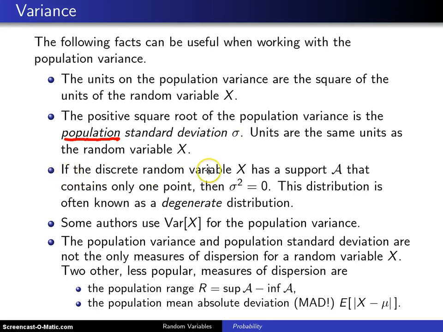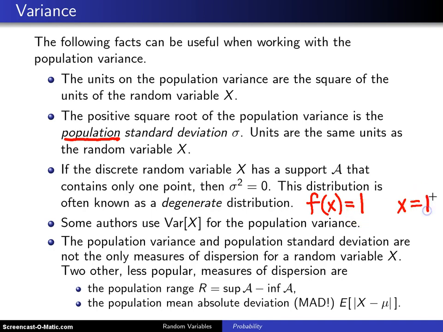Next, if the discrete random variable has a support set script A that contains only one point, then sigma squared equals 0. Go ahead and write an example of such a distribution. Here the probability density function is 1, and it is 1 at just a single point in the support set.